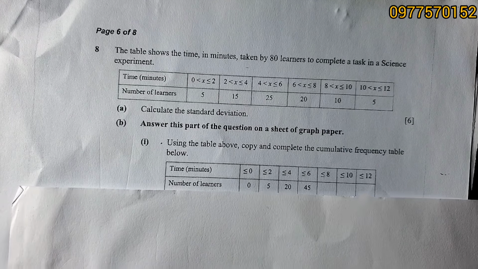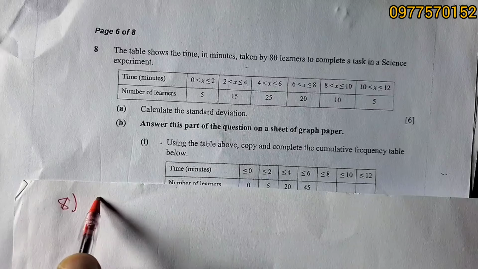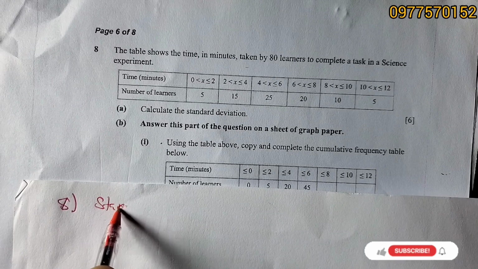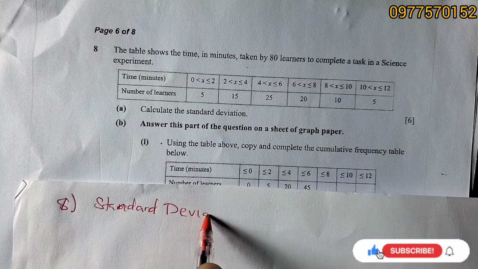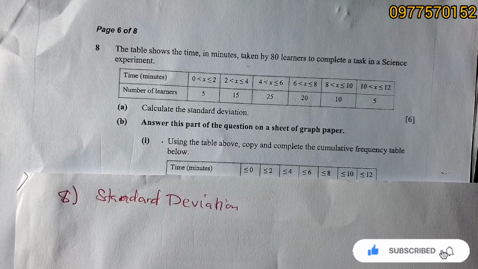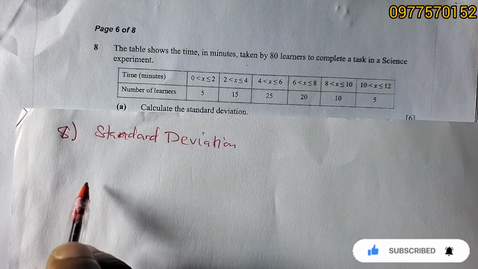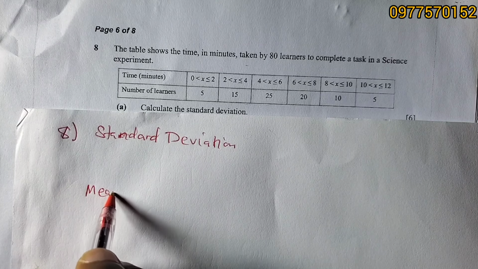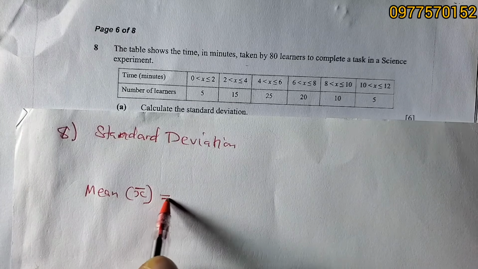Now, how do you find the standard deviation? The first thing we are going to find is the mean. The symbol for the mean is x bar, equals to.